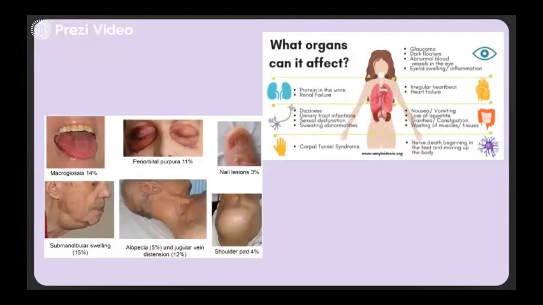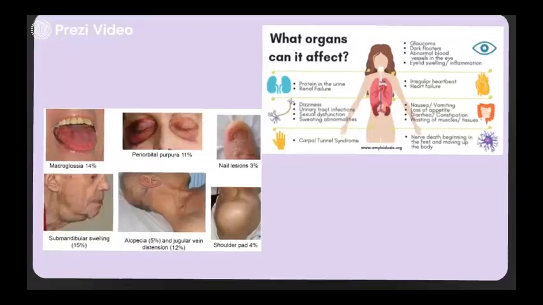Well: protein in the urine, renal failure, carpal tunnel syndrome, glaucoma, dark floaters, abdominal bleeding, leg swelling, irregular heartbeat, heart failure, nausea, vomiting, loss of appetite, diarrhea, constipation, wasting of muscle tissues. We have nail lesions, periorbital purpura, macroglossia, submandibular swelling, alopecia, jugular vein distension, and shoulder pad sign.